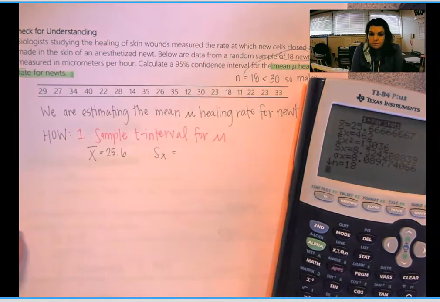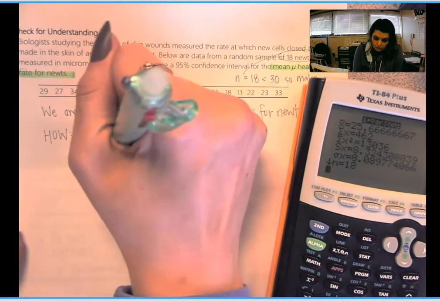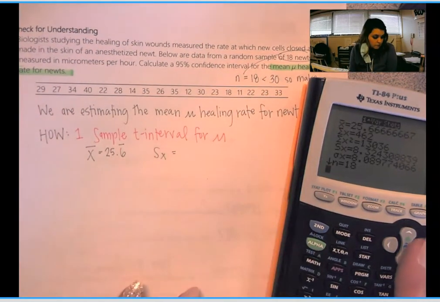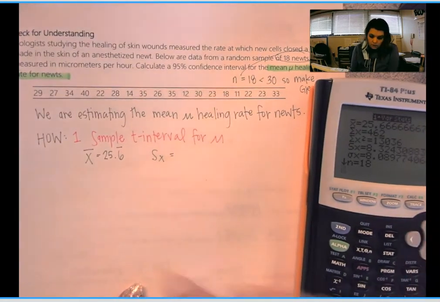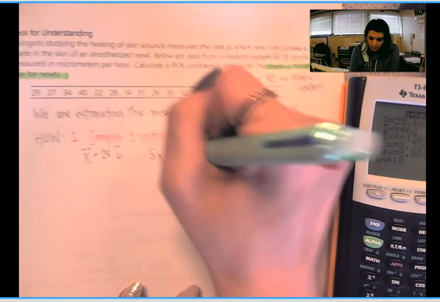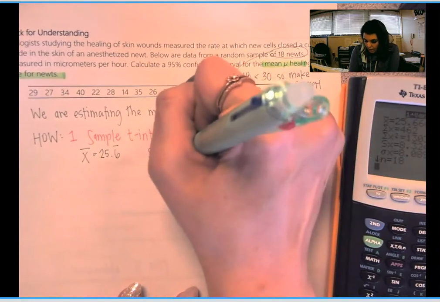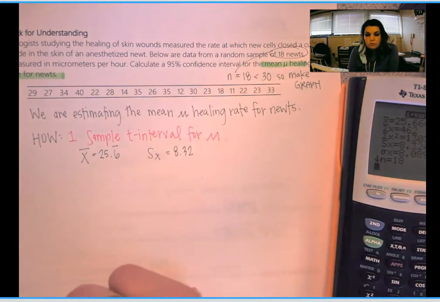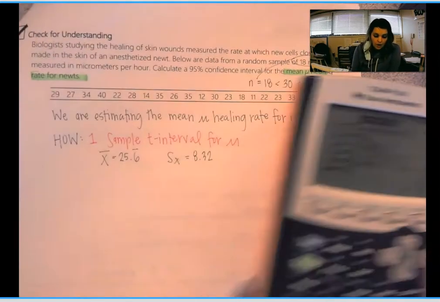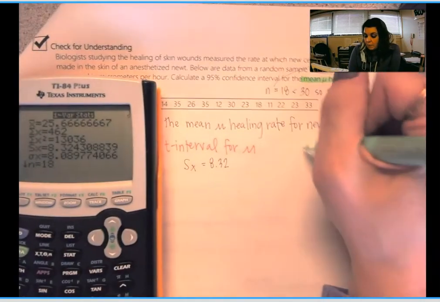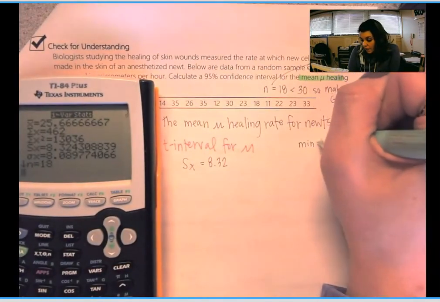So x-bar is 25.6, with a bar. And my S sub x is 8.32. Now, I know that I'm going to need my 5-number summary because I always make a box plot.